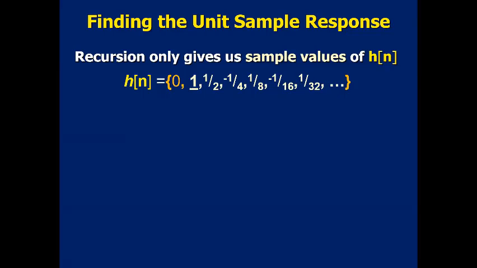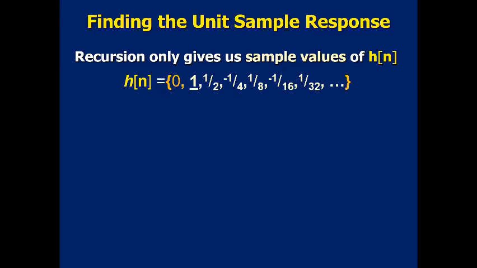Can I stare at it long enough and figure out some functional formula I can come up with? No, this is cutting in half every time. So it's being multiplied by 1/2 and -1. So maybe it's some kind of -1/2 to the n function, but I'm not quite sure.